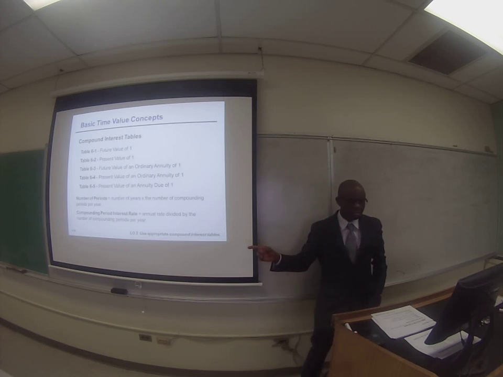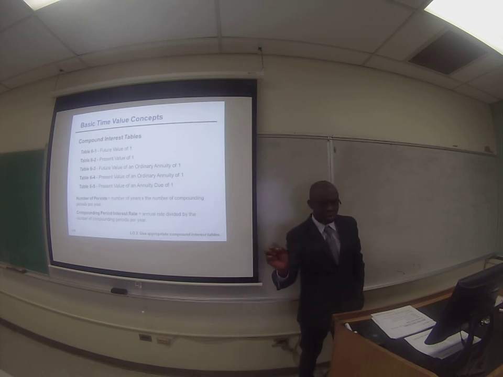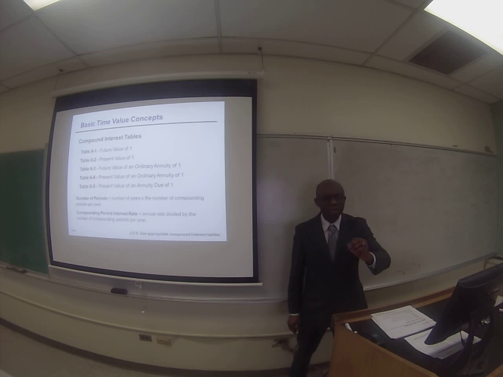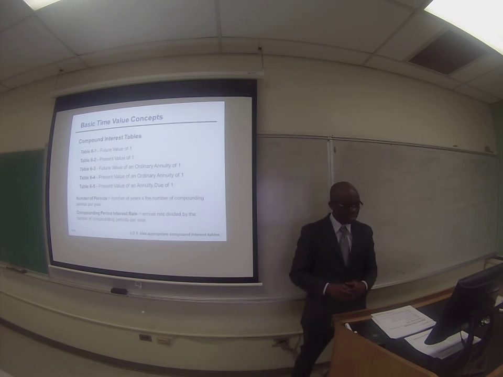Now, look at the bottom, we talk about number of periods. How do we determine the number of periods that we are going to use in compounding interest? The formula is number of years multiplied by the number of periods per year. Let me give you an example. So let's assume that we are compounding monthly.